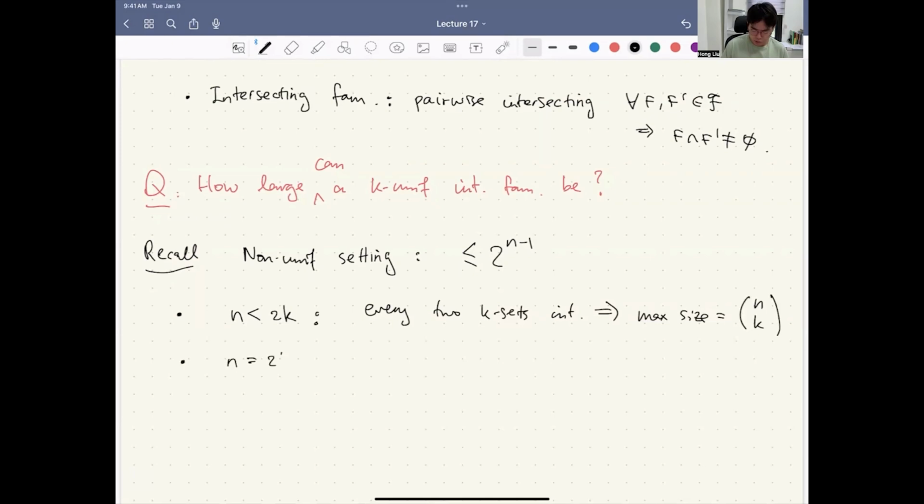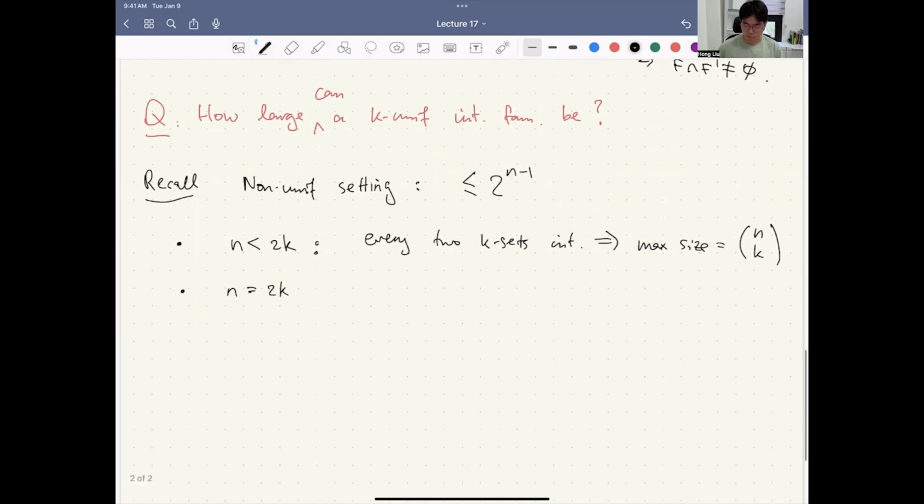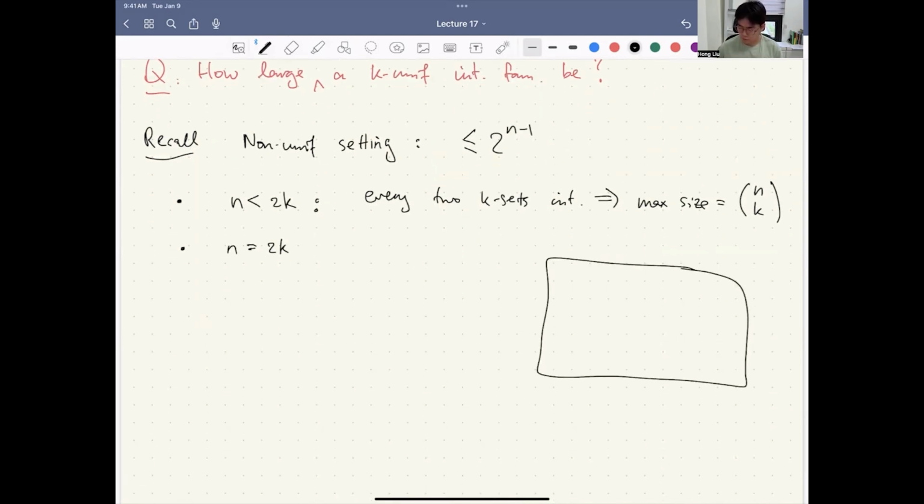Not so hard. Let's go a little bit beyond this trivial case. What if n equals 2k? Okay, so this is n equals 2k. In this case, let's cut things into half sets. You can partition the ground set into two k sets, two complementary parts, right?